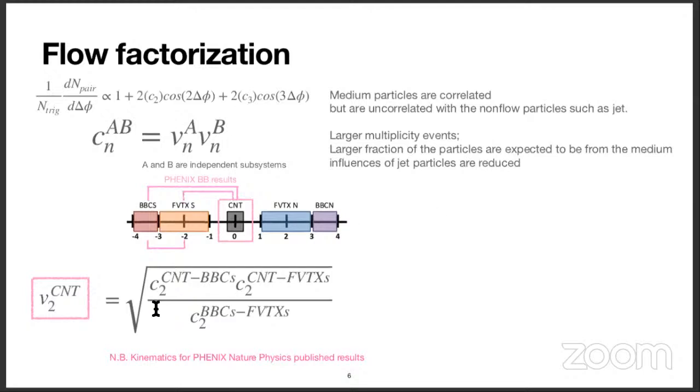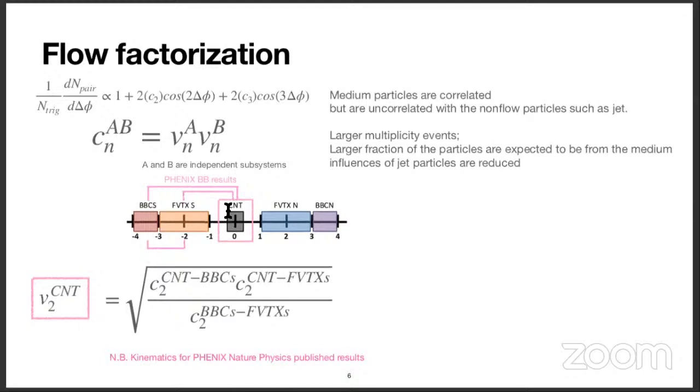And this is the V2 calculation from the CNT area, which is the mid-rapidity. This method is what we call the 3x2 particle correlations. To do this, as you can see here, we need three independent subsystems for calculation of the correlations.